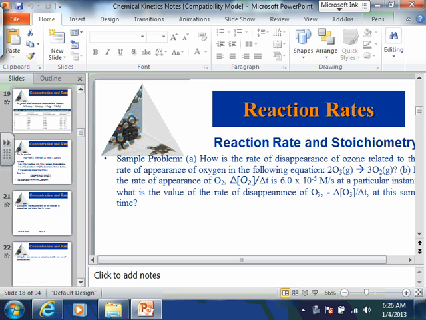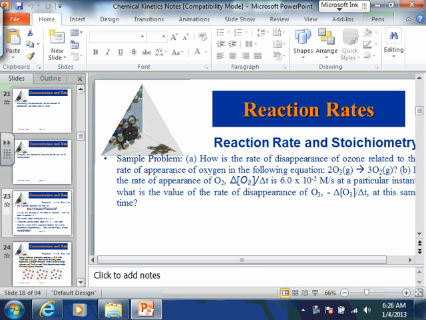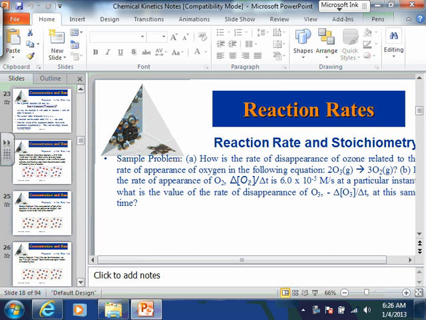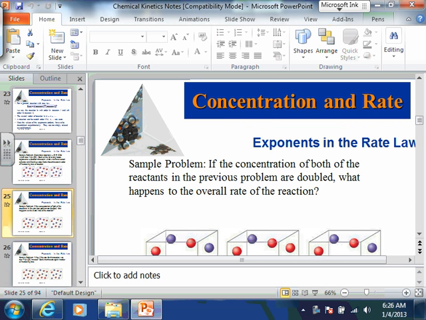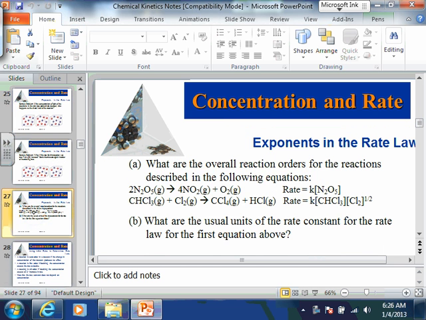But we were talking about how concentration affected rate yesterday. Let me find my spot here. Essentially the thing you have to understand about concentration and rate is that you cannot predict how a reactant is going to affect the rate of the reaction without doing an experiment. You can't know.